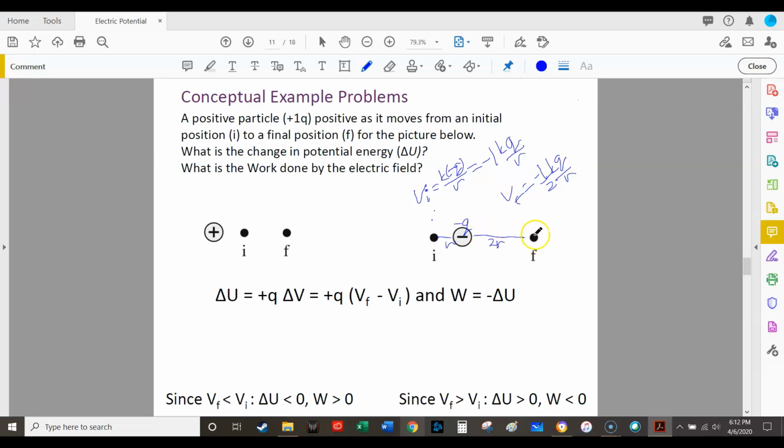It's a distance 2R away, so negative KQ divided by 2R is just negative 1/2 KQ over R.